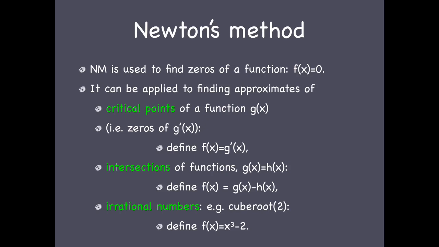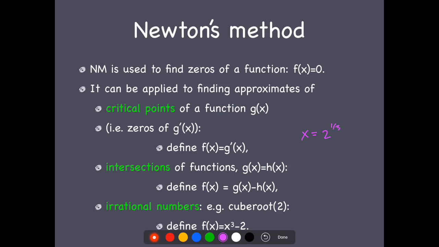And finally, finding irrational numbers, for example, the cube root of 2. Here we have to be a little bit more clever and come up with a function whose zero is at the number we're interested in. So here we have f of x equal x cubed minus 2. And let me just show you where this function f of x came from. We're interested in finding an x value that's equal to 2 to the 1/3.